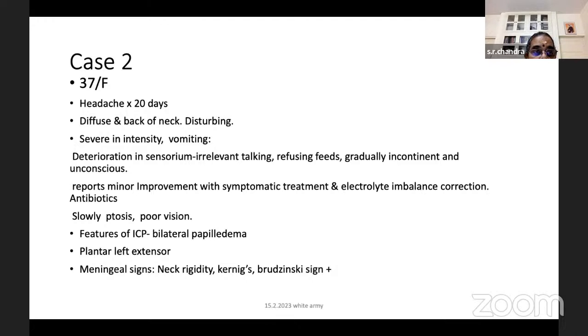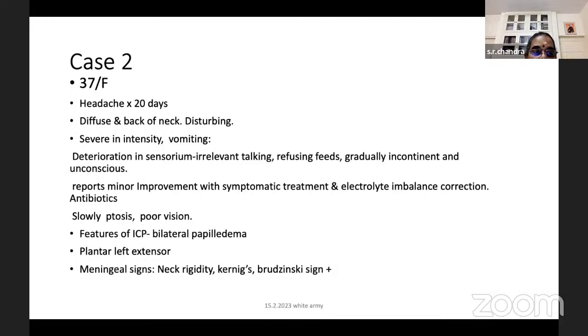The headache was severe in intensity, and the patient had vomiting, and there was deterioration in sensorium, irrelevant talking, refusing feeds, gradually became incontinent and unconscious over 20 days, and reports minor improvement with symptomatic treatment and electrolyte imbalance correction. So antibiotics were started, and with antibiotics and symptomatic measures, there is marginal improvement.